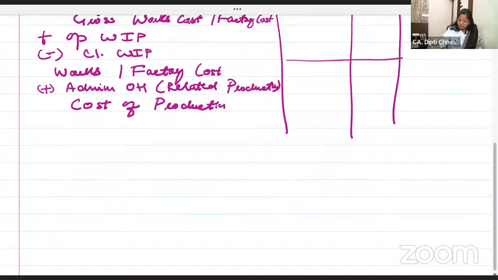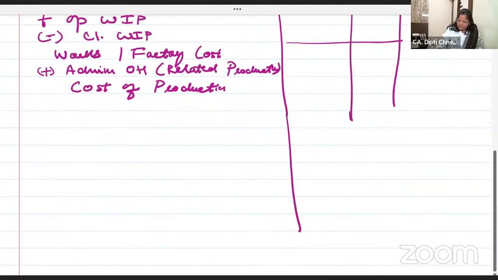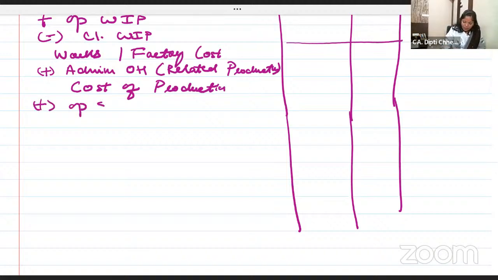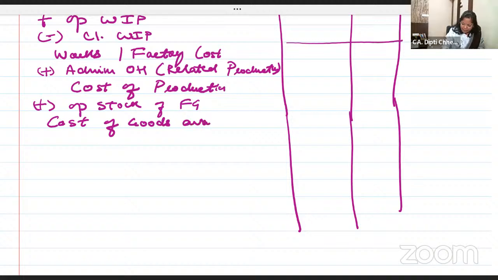Whatever units you have produced, how much is the cost? Add to it opening stock of finished goods. Okay, you have produced 800 tons of groundnut oil. 100 tons was already there, last month's stock. Can I call this cost of goods available for sale?